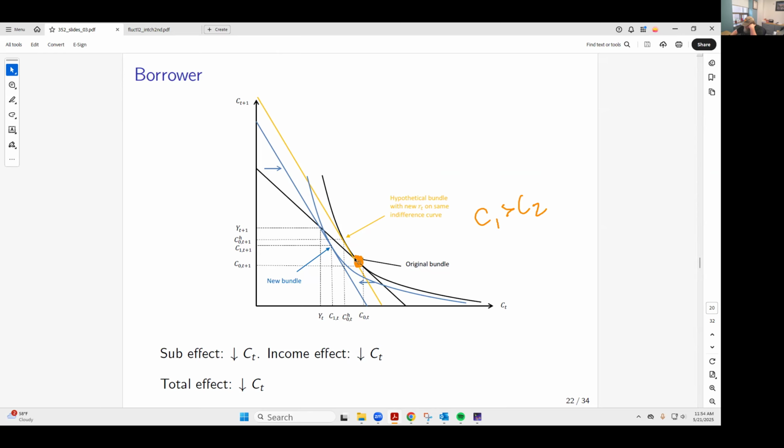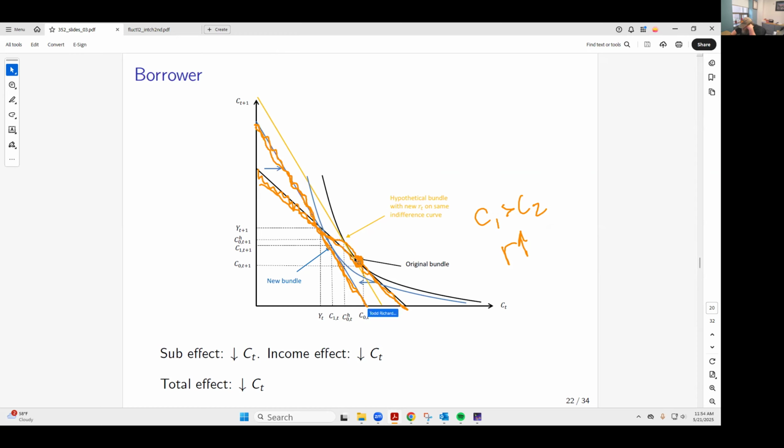And then, of course, the real interest rate increases. So this was the initial budget constraint, right? And then after this changes, the new budget constraint is right here, steeper than it was before.